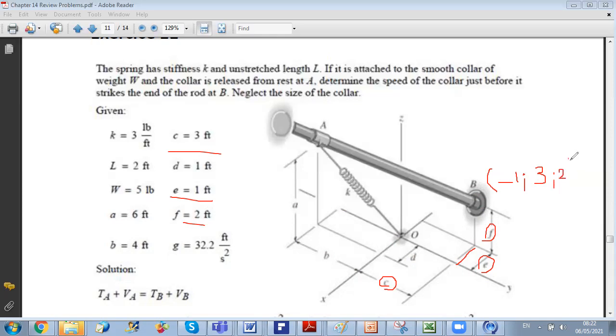And then we have that OB can be calculated as radical of 1 square plus 3 square plus 2 square. This will give us OB.